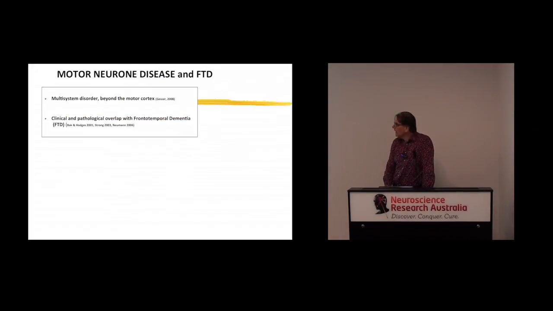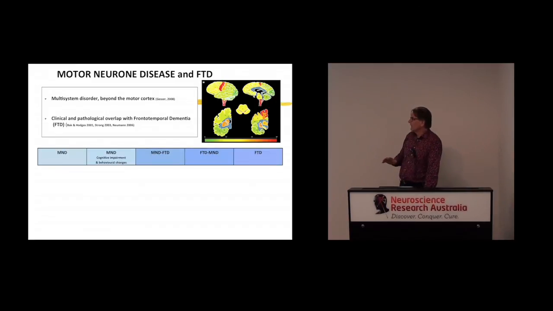Now, the final thing I'll talk about for a few moments is the overlap between motor neuron disease and FTD. Well, we knew at a clinical level that a proportion of patients with FTD develop motor neuron disease characterized by slurring of speech, difficulty swallowing, wasting of the muscles in the limbs. And also, a proportion of patients presenting with motor neuron disease develop FTD. And that became apparent gradually in the last 20 years.